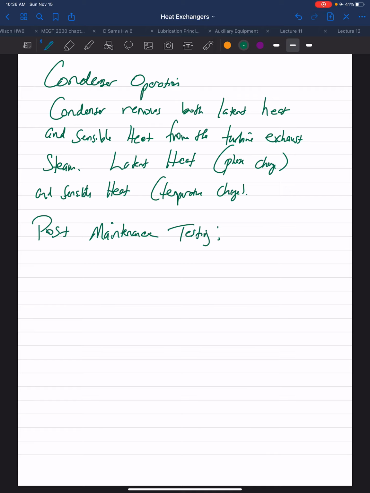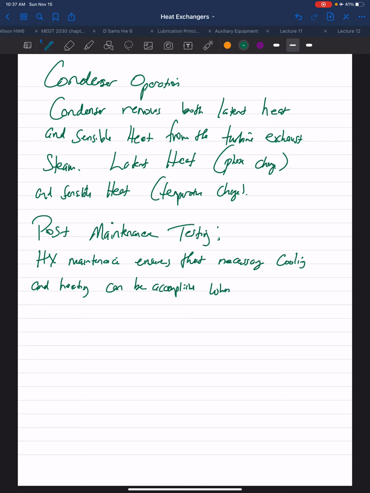So heat exchanger maintenance ensures that the necessary cooling and heating can be accomplished.